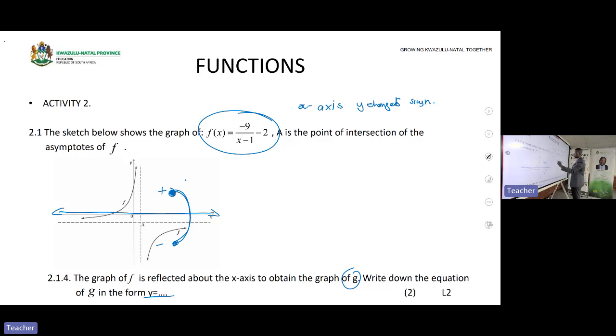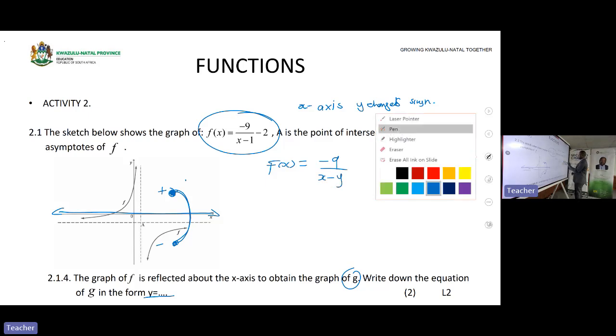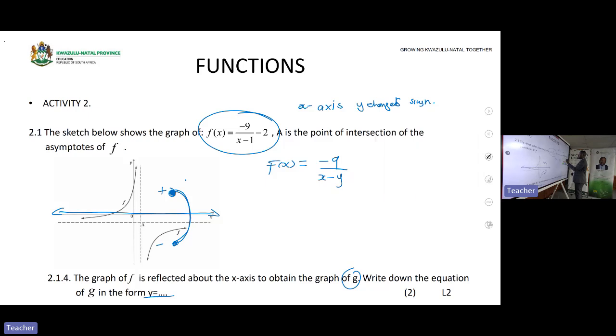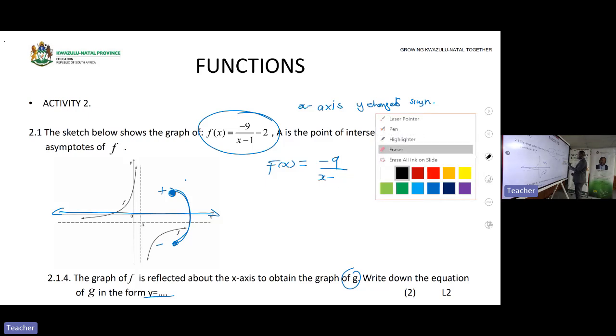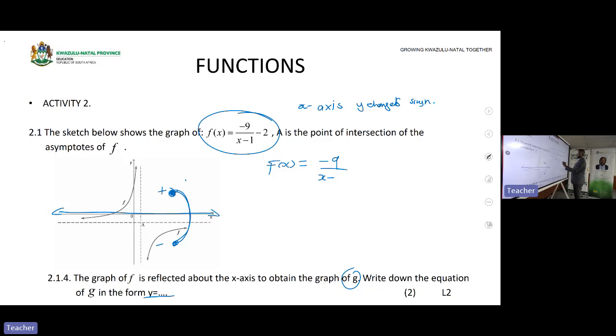So let us go to our equation. They said we must write this equation, which is now going to be our new equation G, in the form of y equals to.